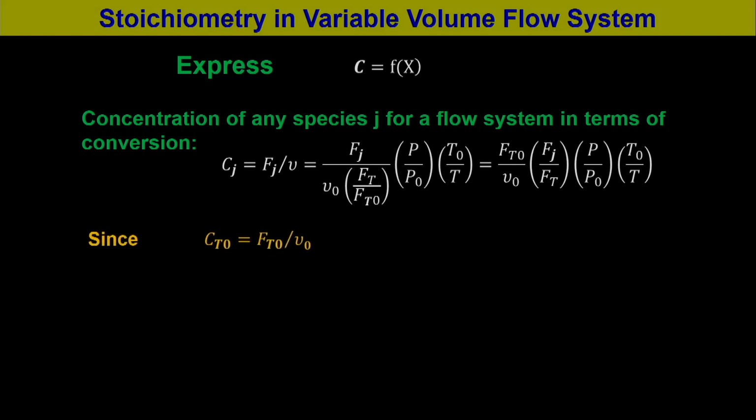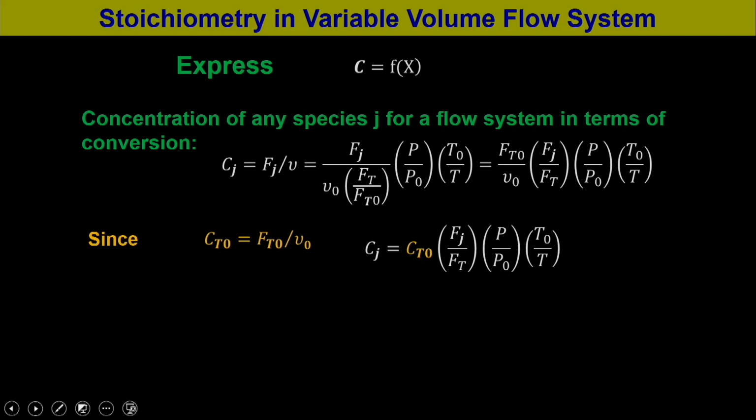Since C t naught is F t naught by V naught, we can substitute over here: C j would be equal to C t naught into F j by F t into P by P naught into T naught by T.